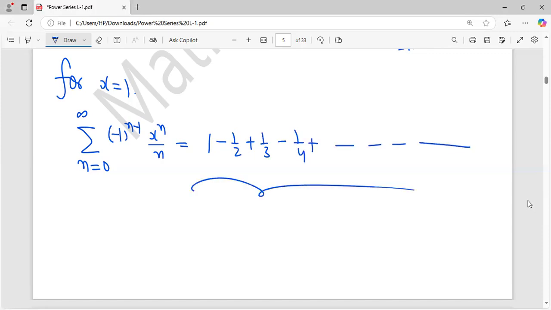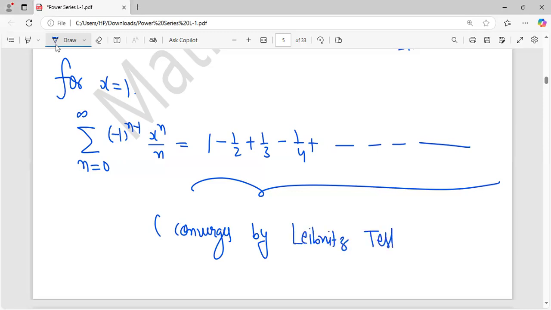But this series converges by Leibniz test. We already checked that this series converges by Leibniz test.